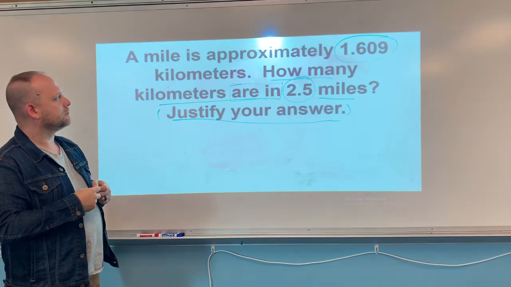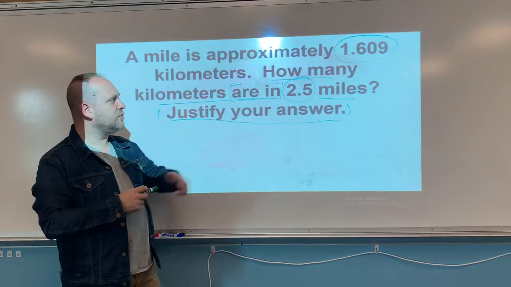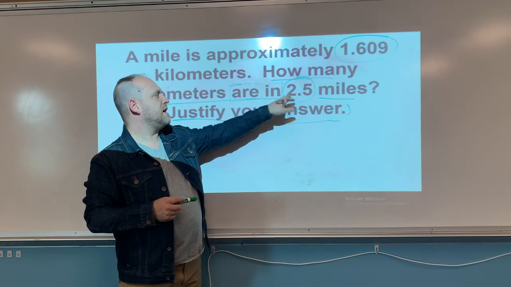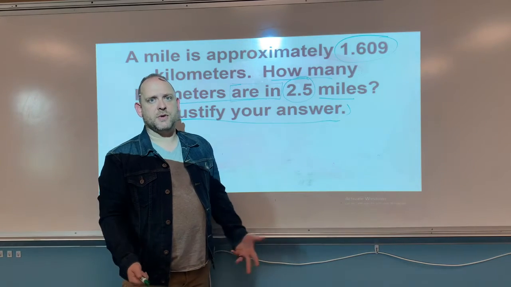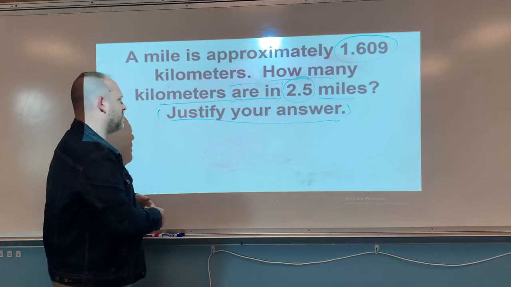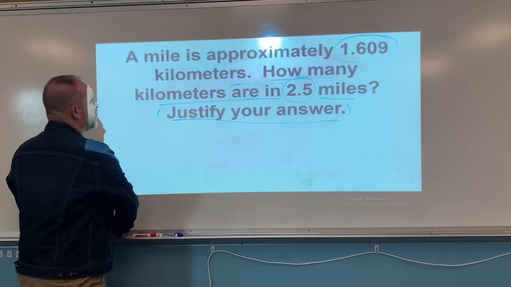Wait a second. No, this is 1.609 and I have 2.5. That means I am actually getting larger. I'm doing this 2.5 times. That means we're doing multiplication. All right, so let's go ahead and get rid of everything else.